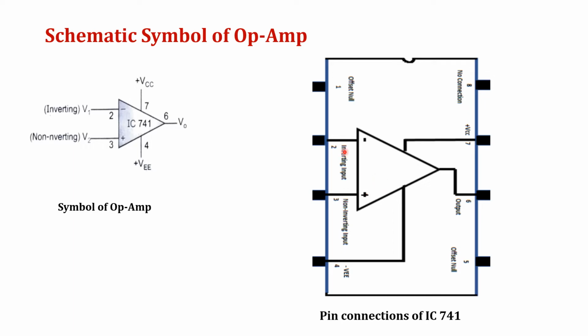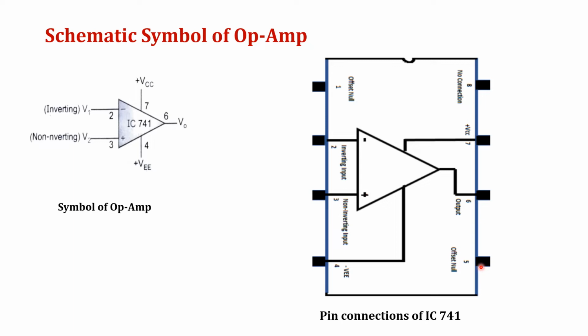Now, what are these pins 1 and 5? Pins 1 and 5, shown here, are offset null. These are at the input stage and are used so that we can add an external circuit in between 1 and 5 to balance the offset voltage.